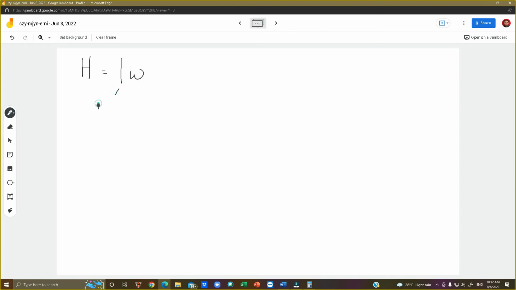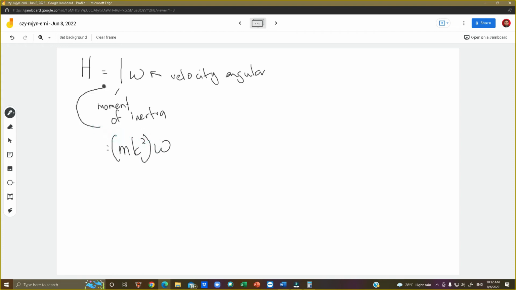I ni moment of inertia. Omega is the angular velocity. Jadi benda ni kita boleh pecahkan lagi. It can also become mk square omega, because mk square is the moment of inertia.